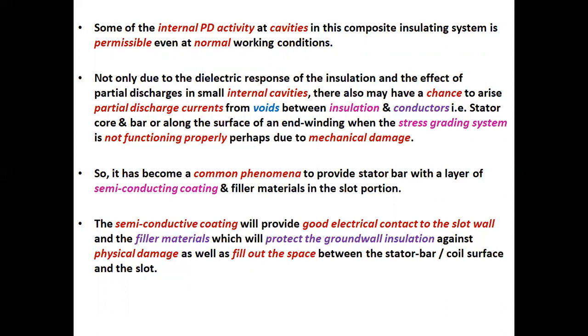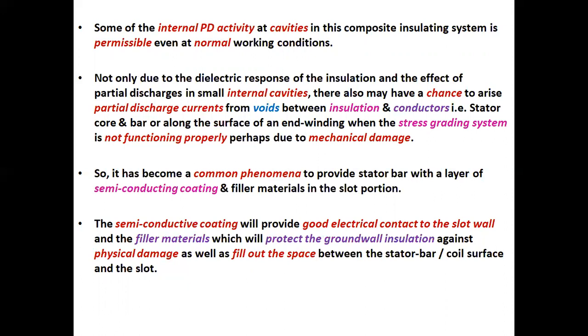Not only due to the dielectric response of the insulation and the effect of partial discharges in small internal cavities, there is also a chance of partial discharge currents arising from voids between insulation and conductors, that is, stator core and bar, or along the surface of an end winding when the stress grading system is not functioning properly, perhaps due to mechanical damage.